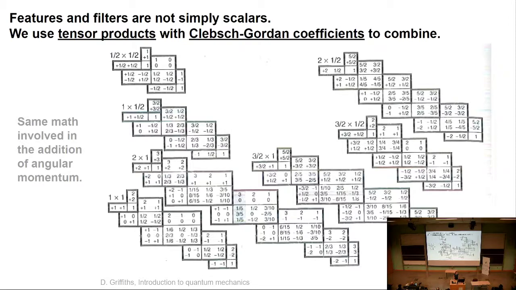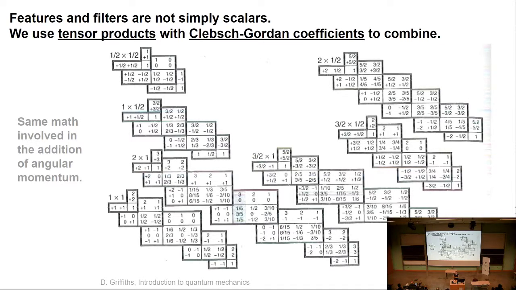Okay, let me explain why I'm even showing this. Features and filters in our network are not simply scalars. We just went through talking about how certain L's transform differently under rotation. So we can't just multiply filters and features together, because we don't have scalar multiplication. We have to use something called tensor products.